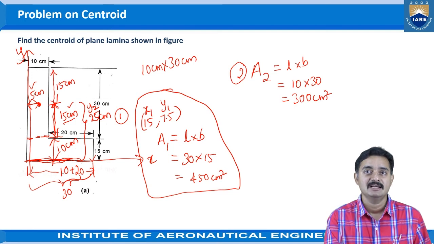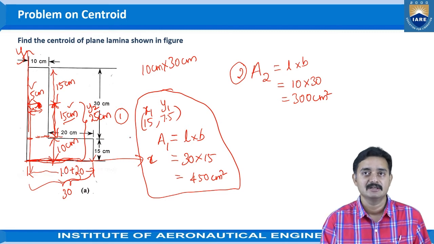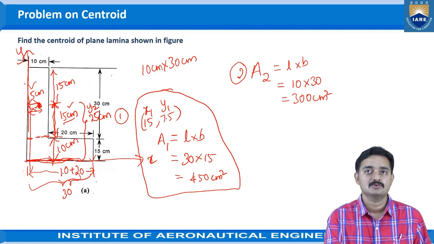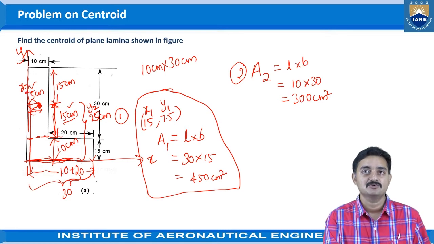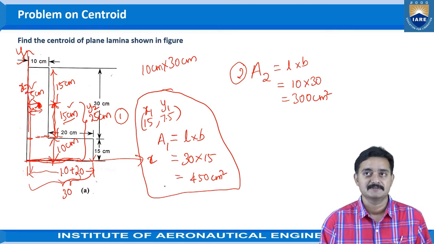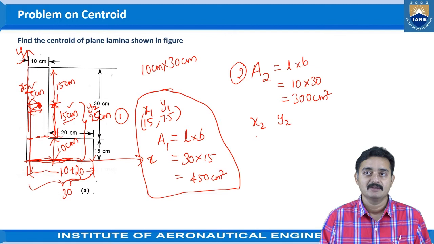Then coming to the x distance from the y-axis, this centroid is at a distance of 5 centimeters from the y-axis itself. So x2, the distance of the centroid from the y-axis, is 5 centimeters. In that way, the values of x2 and y2 would be 5 and 25 centimeters.